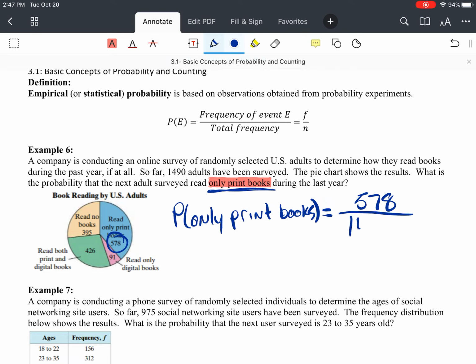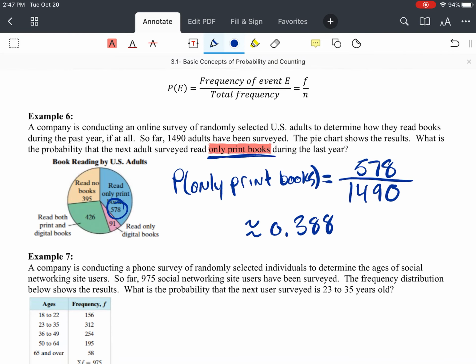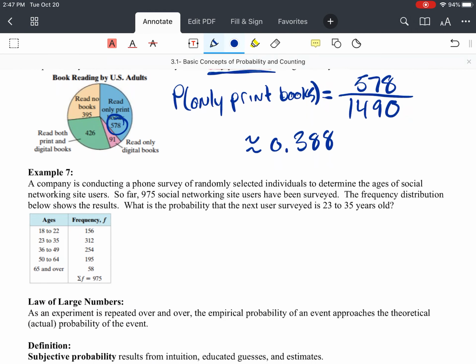And then the total number of people that we've surveyed is 1,490. We're going to simplify this. Okay, so that would be about 0.388, or 38.8%. Okay, so that's our probability.